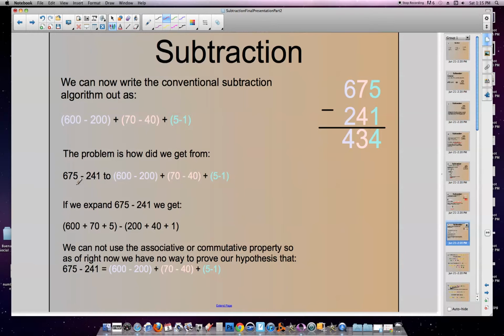The problem is, how did we get from here to here? This is our hypothesis, that 675 minus 241, the original problem, is equal to our algorithm, 600 minus 200 plus 70 minus 40 plus 5 minus 1. And keep in mind, all this is us performing subtraction of each place value.